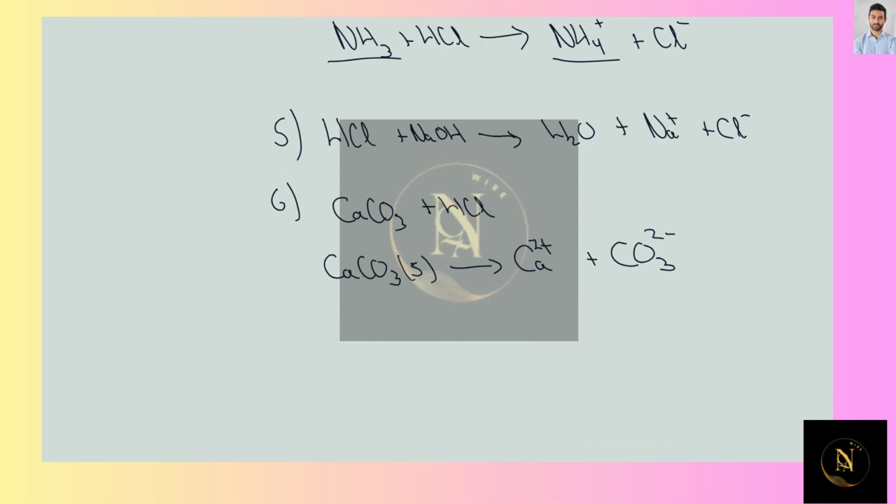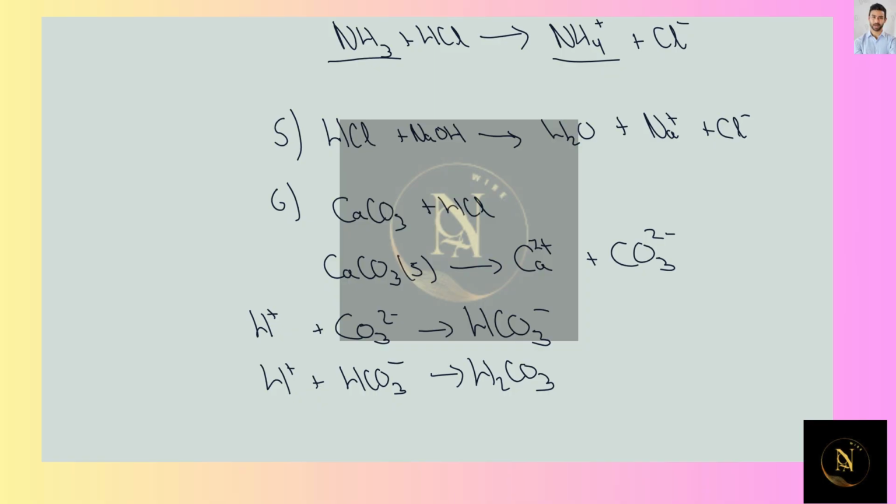So what is going to happen is that the carbonate 2 minus can react with the additional hydrogen ion to generate HCO3 minus, and in turn it can react again in order to generate carbonic acid.